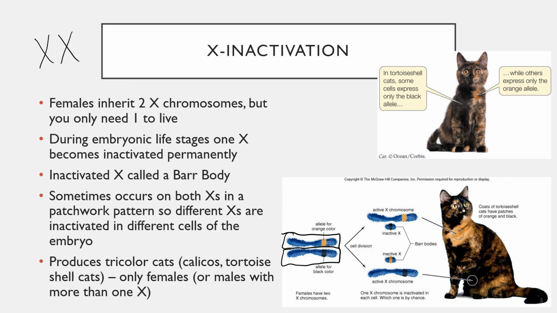So this means that calicos and tortoiseshell cats are only females. If you ever have somebody saying, oh, I have a tortoiseshell male, most likely that's not true. It's very, very rare to have these because you're going to be looking at a male who has another chromosomal disorder. They're going to inherit more than one X. So you can have males with it, but it's far, far less common.